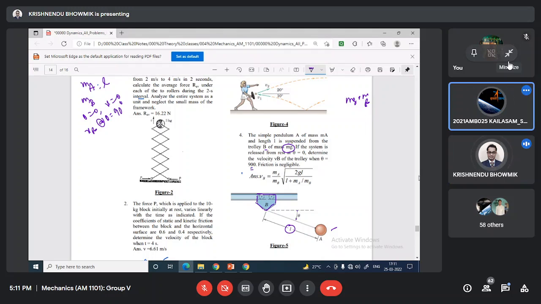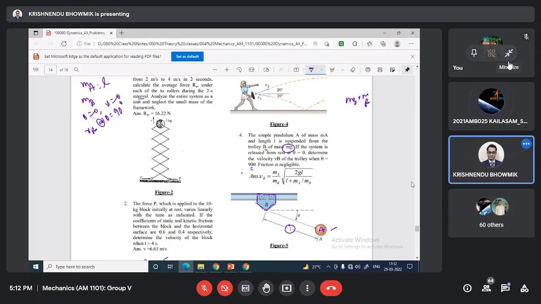Okay. Now you look at the system. Initially theta was 0, velocity was 0. Now we release it. So this A will try to have some rotation, some theta values. From this horizontal, it will try to move in the vertical direction. Once it does, it will get some angular velocity, and somebody can calculate v equal to omega r.